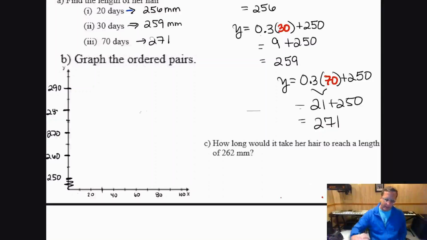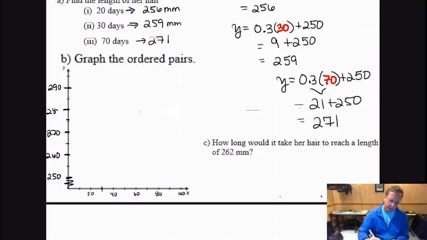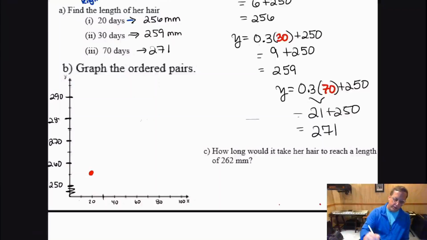So 20 days is going to be what? 20 days is 256. So that is going to be right about, and I'm just totally eyeballing it, right there. And then 30 days is going to be 259, so that's going to be right about there.